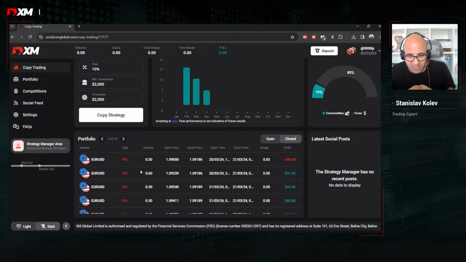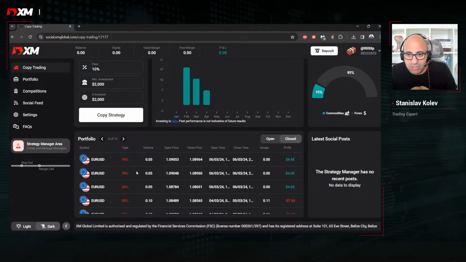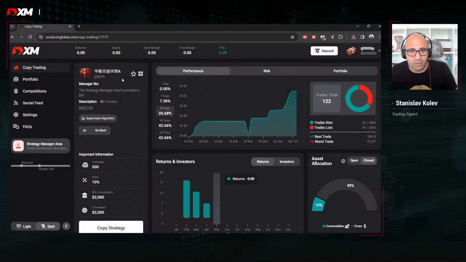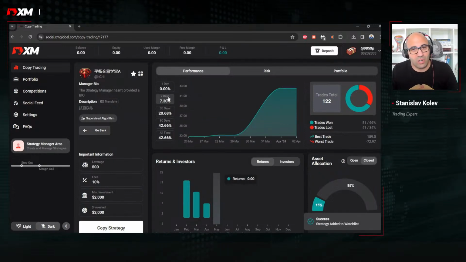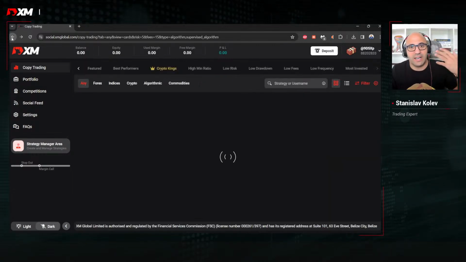So this is an expert advisor or supervised algorithm that is mostly following euro dollar, that has a very good hit rate and very tiny drawdown. What I'm going to do, I'm going to bookmark it, and we're going to add it this way into our watch list.